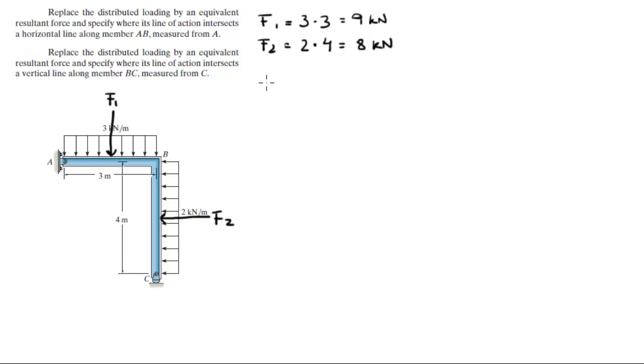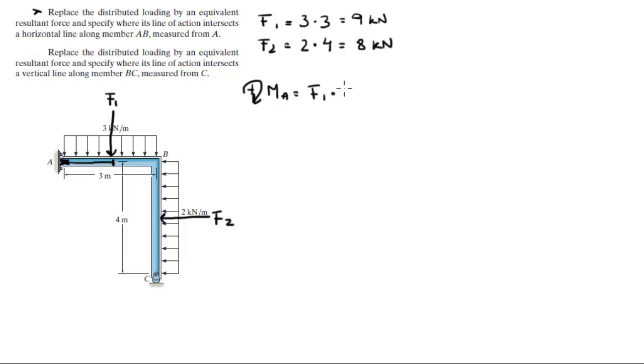So the first thing you need to do is find the moments about A. We need to find the moment that these two distributed loads create about A. Assuming counterclockwise is positive, the moments about A are F1 times this distance right here, which is where it's applied, which is half of this rectangle.